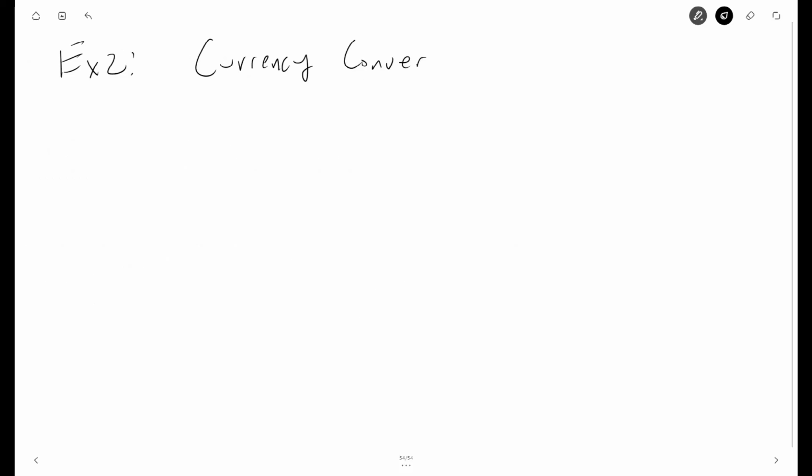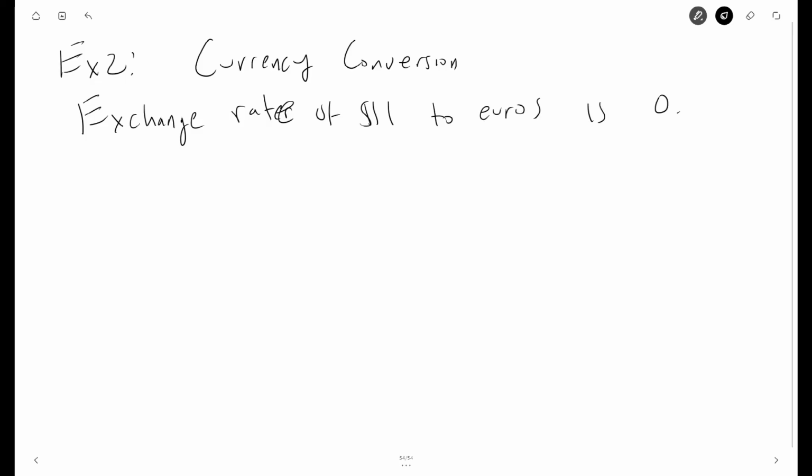So in this case, we're going to convert dollars to euros, and we're gonna say that the exchange rate of $1 to euros is 0.85.